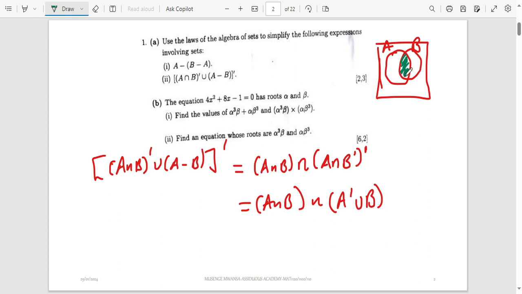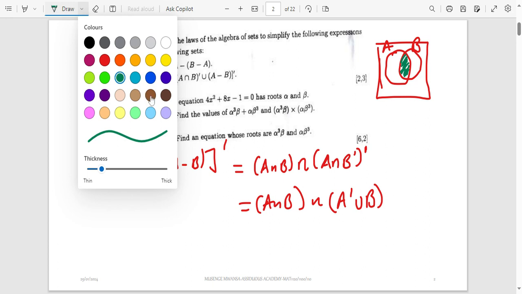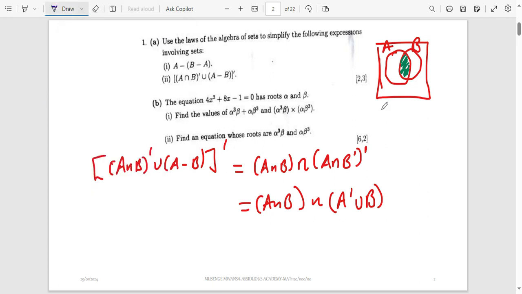That is A intersection B. And then we want also to shade A complement union B. Now A complement union B means everything outside A, and B. So meaning also shade the entire of set B.